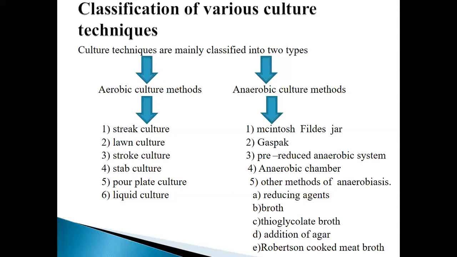You have an anaerobic jar, and I think you all should know that anaerobic culture media examples are Robertson cooked meat broth and thioglycolate broth. These are two very, very important examples of anaerobic culture media.